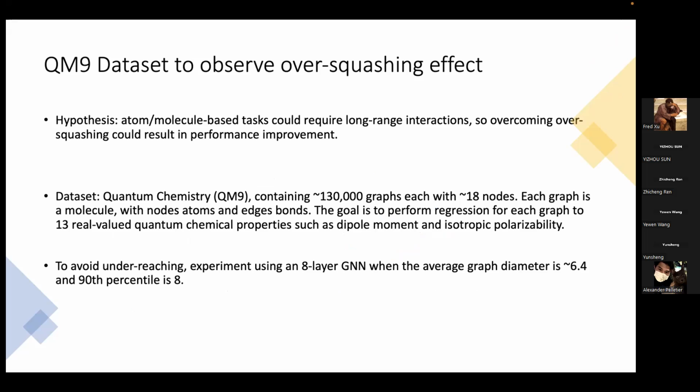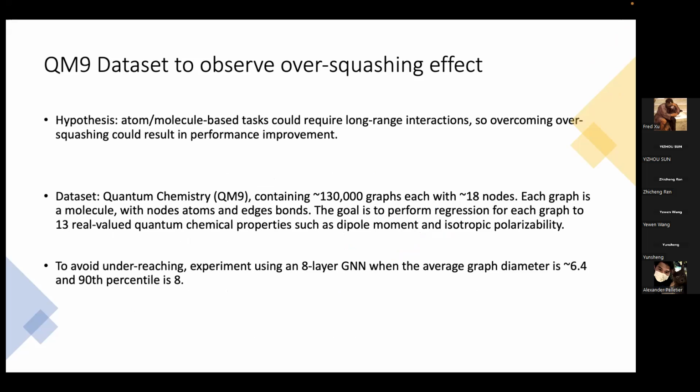This dataset contains about 130,000 graphs. Each is a molecule, a relatively small molecule with on average 18 atoms. The edges of these molecule graphs are the bonds between the atoms. And the goal is to predict three real-valued quantum chemical properties.